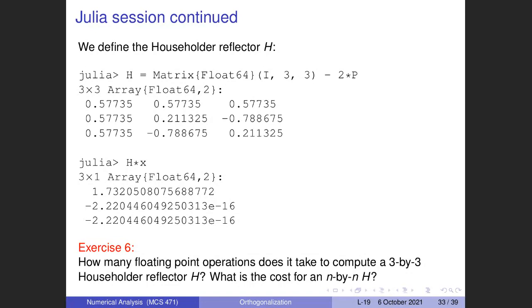What is the cost of making this Householder matrix? So there is an exercise still that we backtrack everything. What is the cost for making one such reflector? Now the final object that you have is the entire matrix.